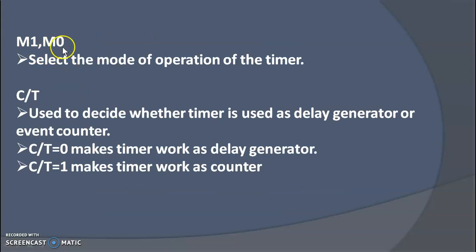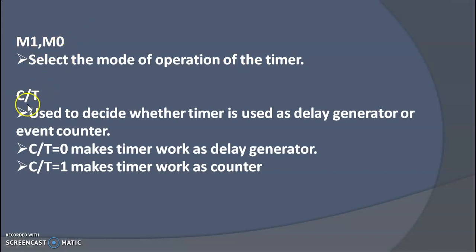Now in this M1 and M0, they are used for selecting the mode of operation of the timer. Timers in 8051, they can be operated in different modes. We can operate or select that particular mode by giving the values to M1 and M0.